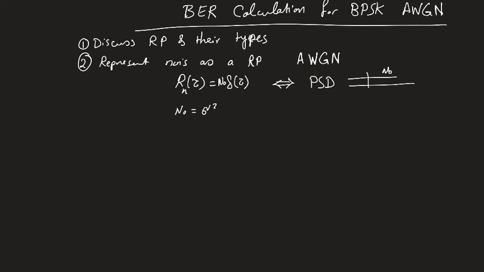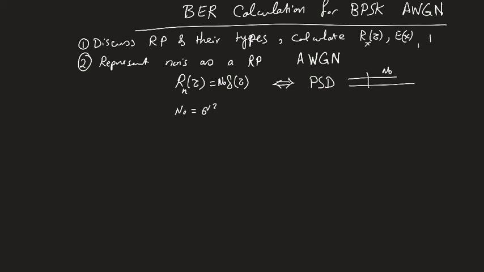Also, given a particular random process described to you, in addition to knowing the types, you should be able to calculate the autocorrelation and the expected value of x, and Rx of tau, and from that figure out whether this is wide sense stationary or not.